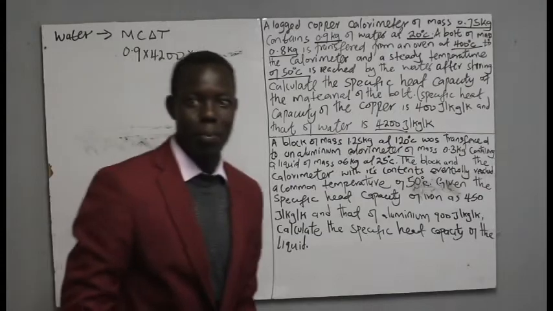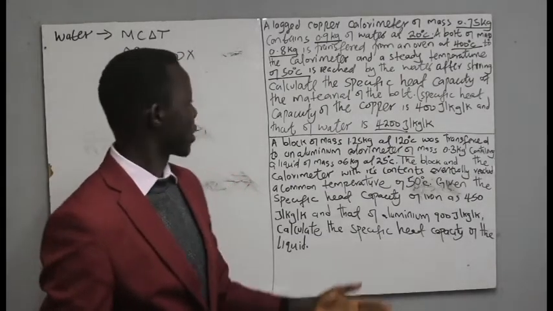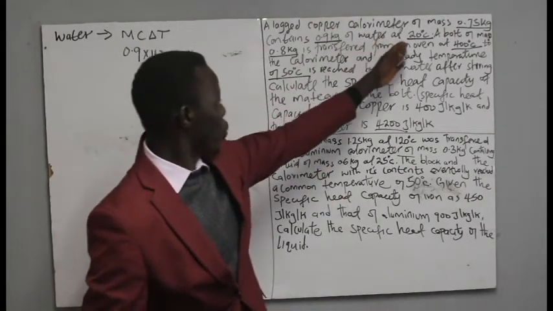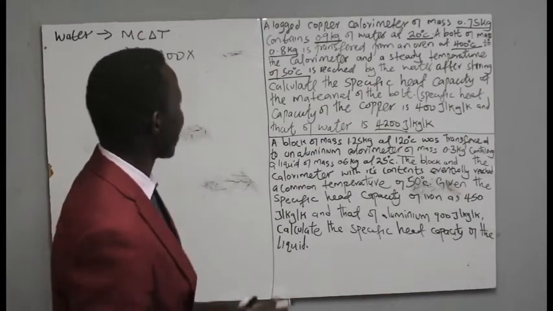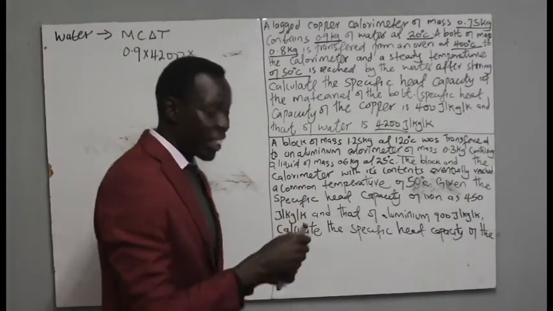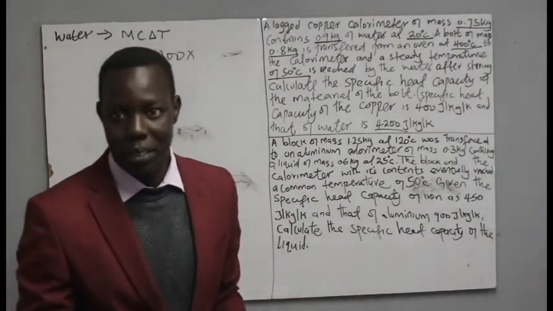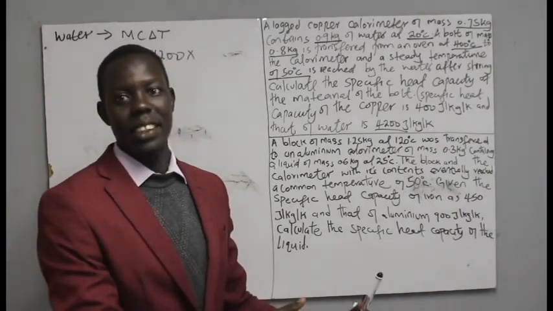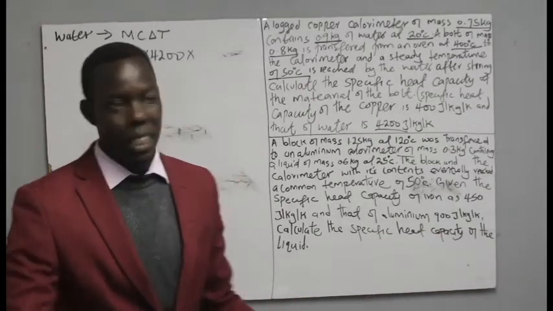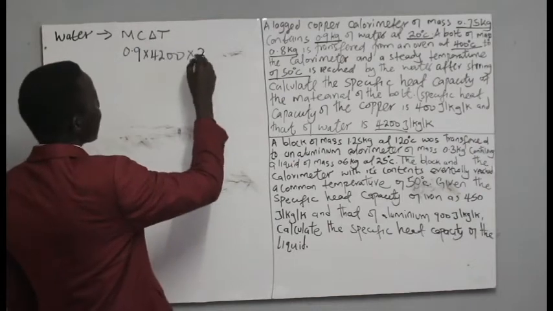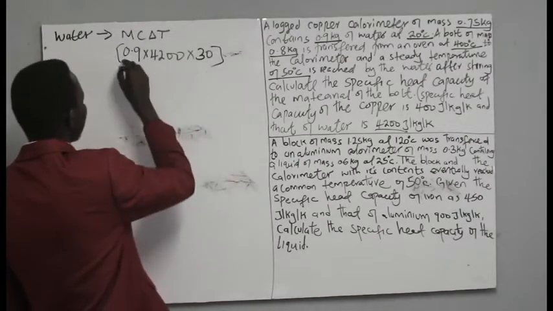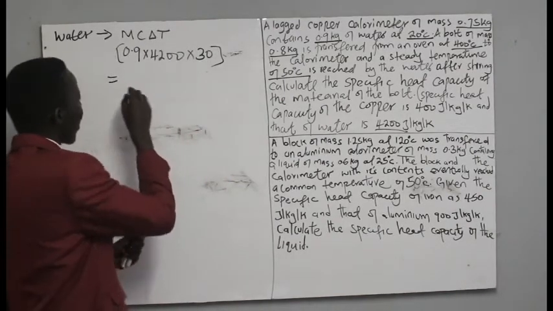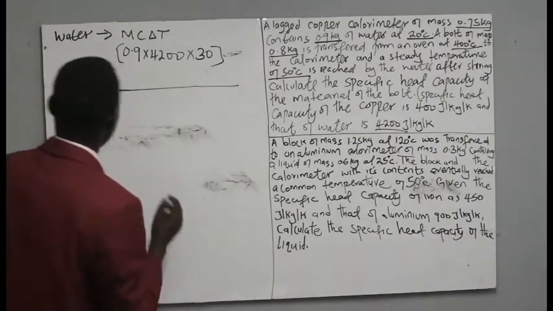What is the change in temperature? It was at 20 degrees Celsius and finally it finds itself at 50. The change in temperature is 30. We are given degrees Celsius, but I'm writing it in Kelvin, times 30 Kelvin.